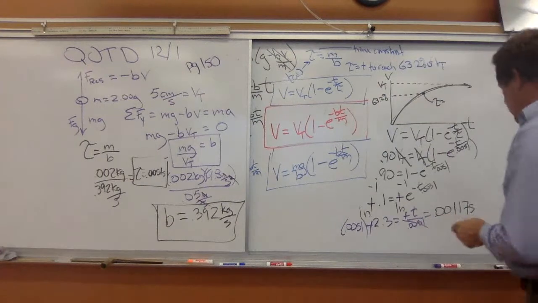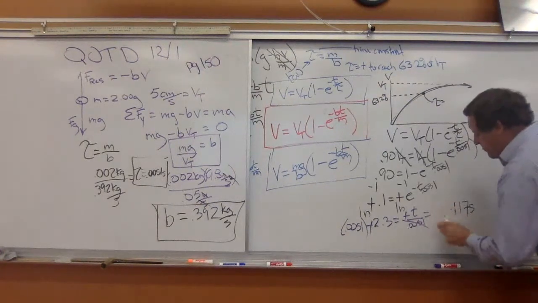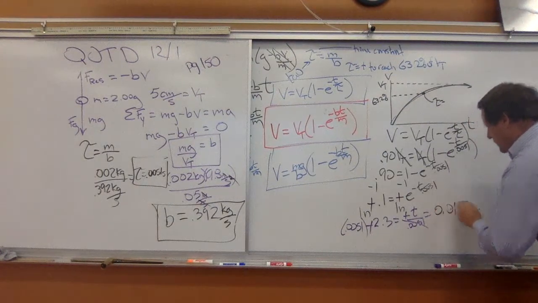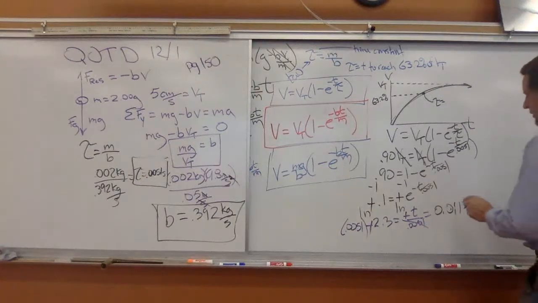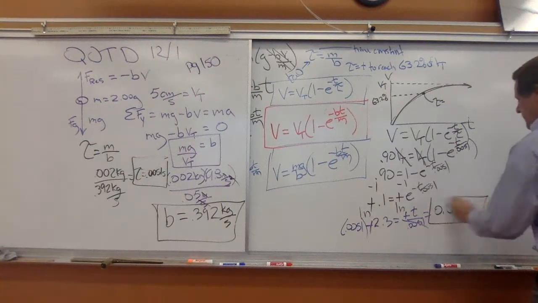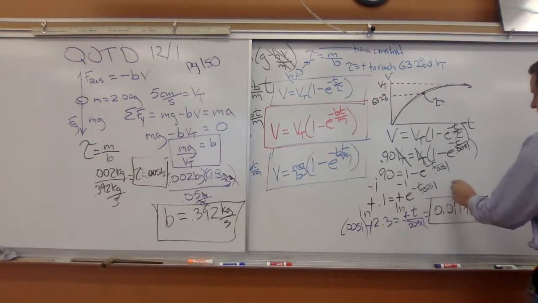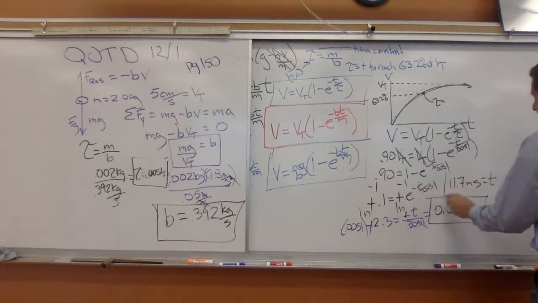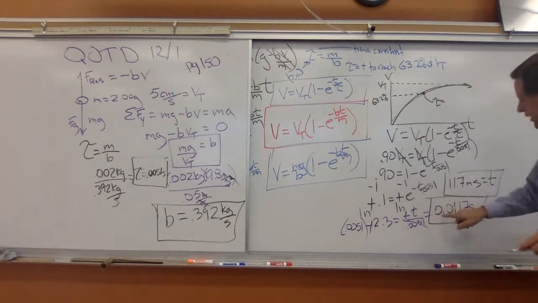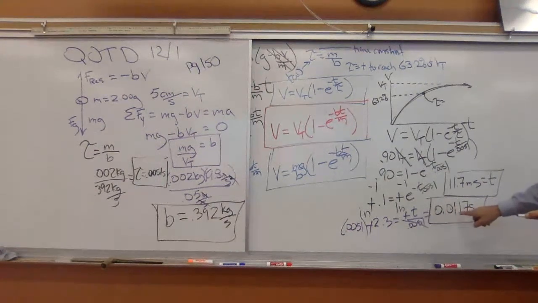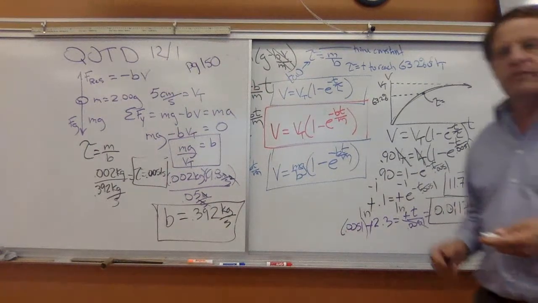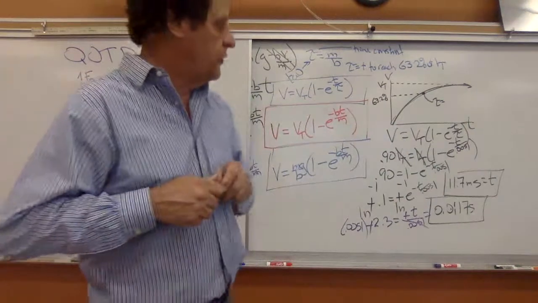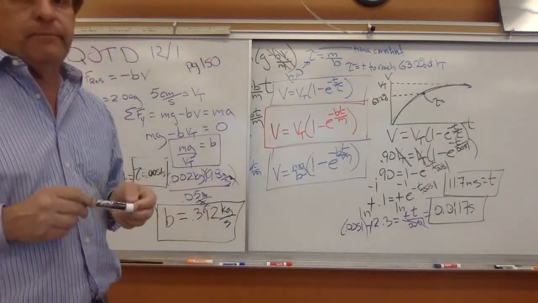Sorry, I got too many zeros. So this right here would be the equivalent of 11.7 milliseconds is equal to the time. Now this 0.0117 seconds would certainly suffice as far as the time.